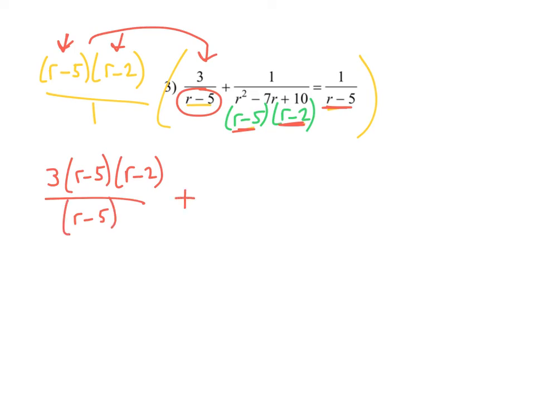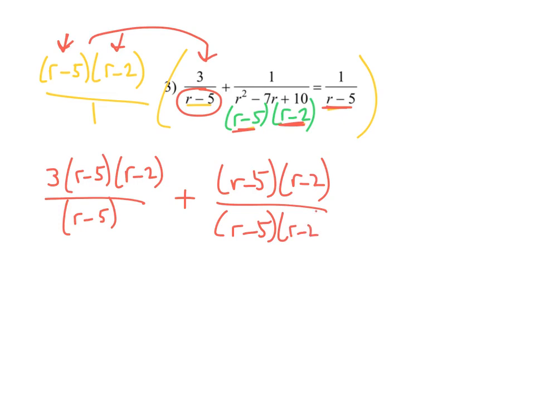Then the middle term, it's just getting multiplied by 1, so it's going to be r minus 5 times r minus 2 over r minus 5 times r minus 2. And then the other side of the equal sign, the numerator is just 1, so it's just going to stay as r minus 5, r minus 2, and its denominator was r minus 5.